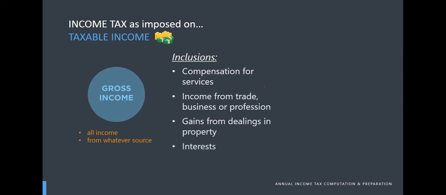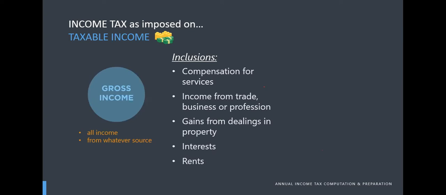Interest, so it could be from a loan or whatever based on an indebtedness of a customer from the taxpayer. Rentals. So obviously, this is for those who are leasing properties.